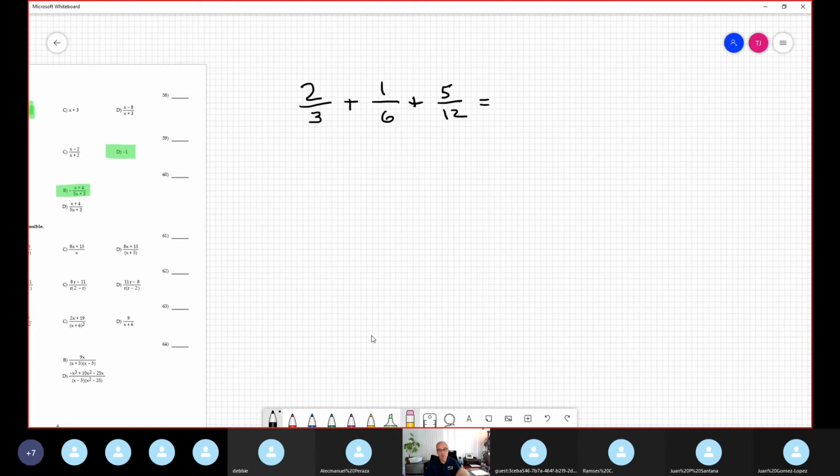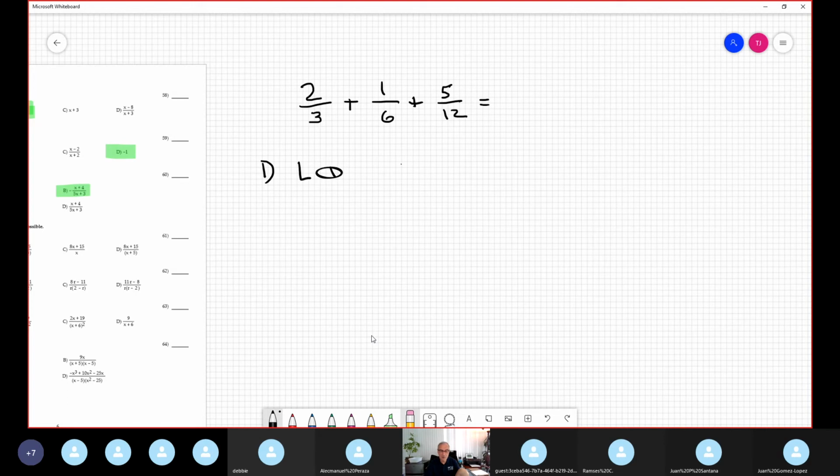By hand. It's important by hand because in algebra expressions we have variables, and we cannot put variables in the calculator, or at least in the regular calculator. That's the first step. Number 1 is find the least common denominator between 3, 6, and 12.